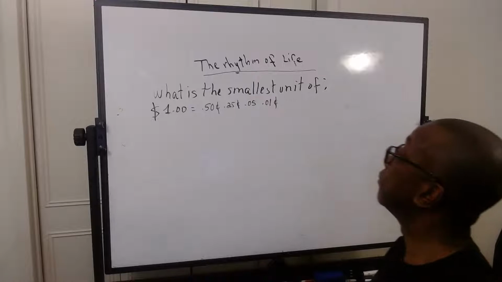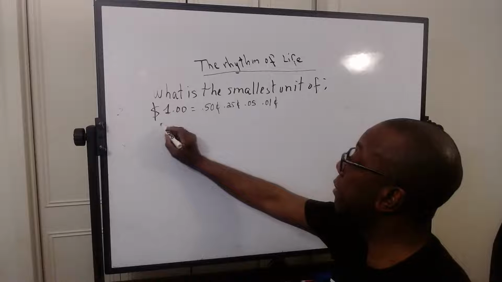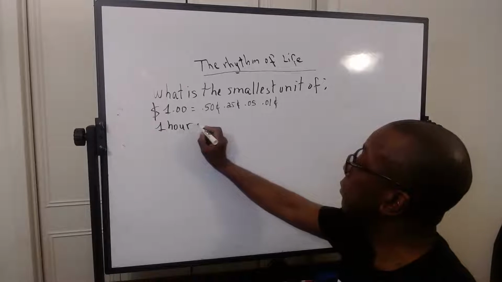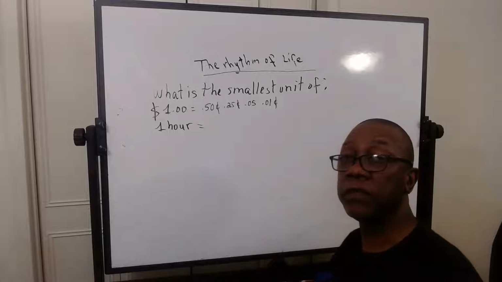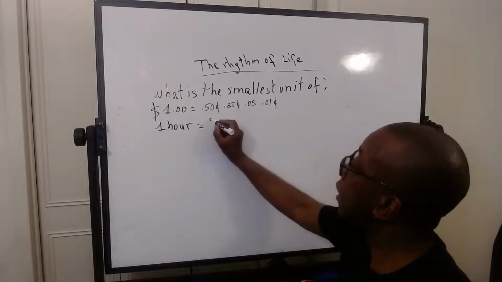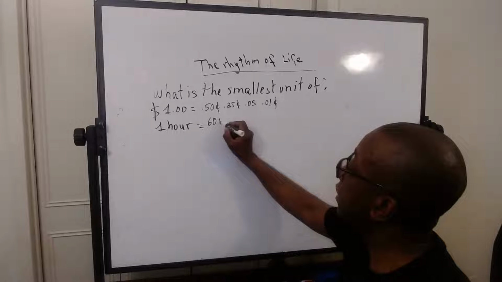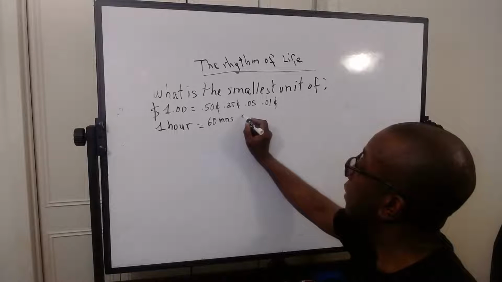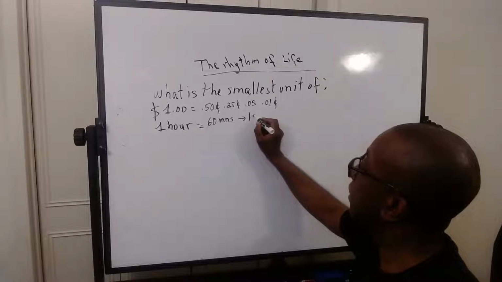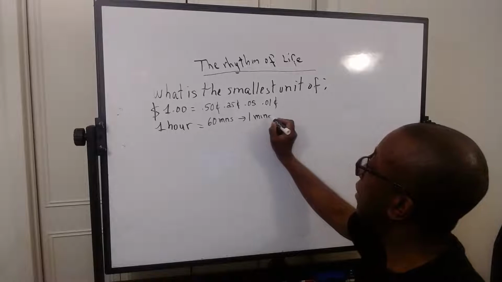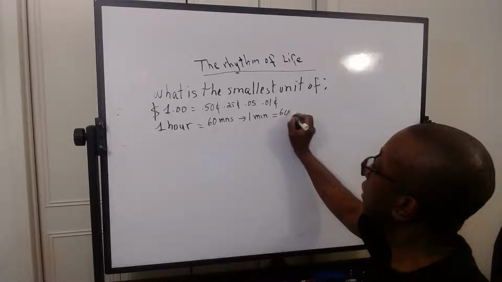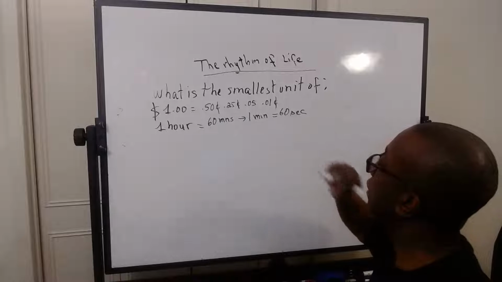Oh, now you know. Okay, how about one hour? What's the smallest unit of an hour? They call it 60 minutes, and every minute equals 60 seconds.